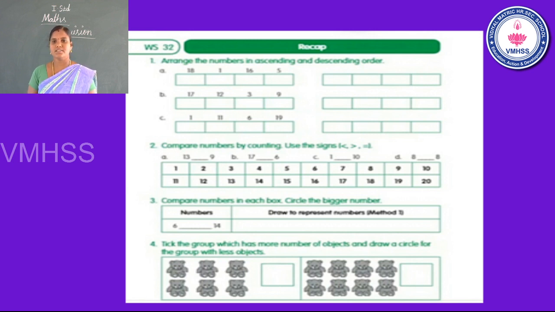See in A part. Let us revise the recap session. In A part, what is the first number? Yes, 80, 1, 65.